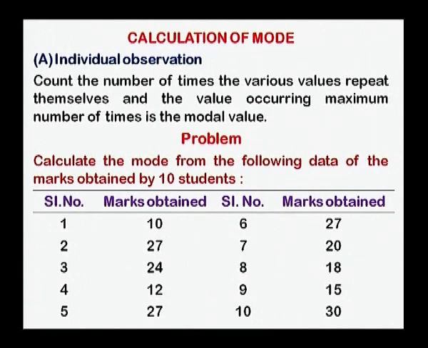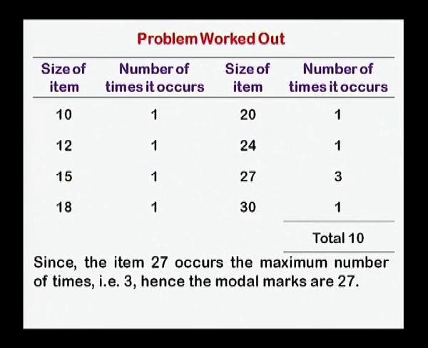Now, so far as the marks 27 are concerned, 27 marks were obtained by the highest number of students in this problem. Therefore, we can say that 27 marks is the modal value or the mode value in this problem. Now, work out the problem.